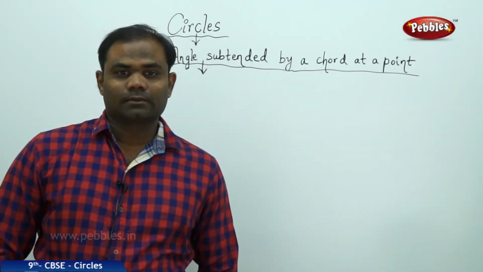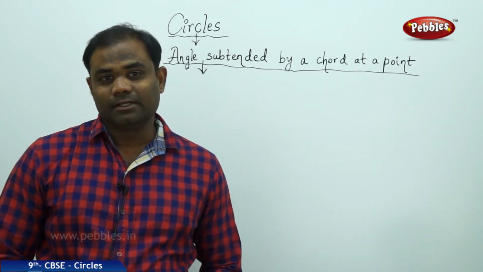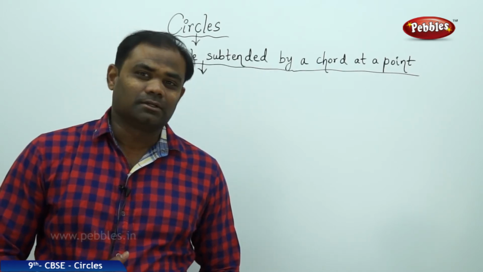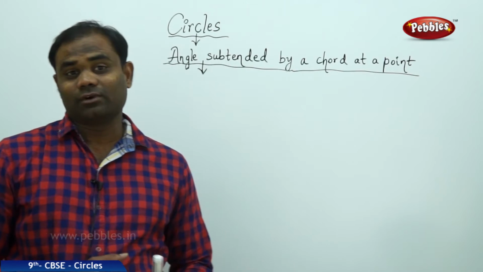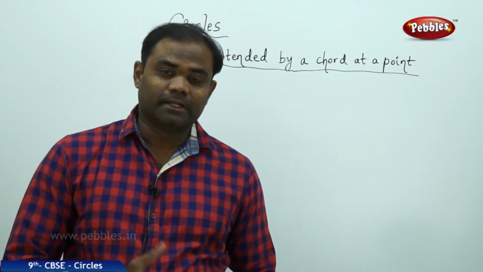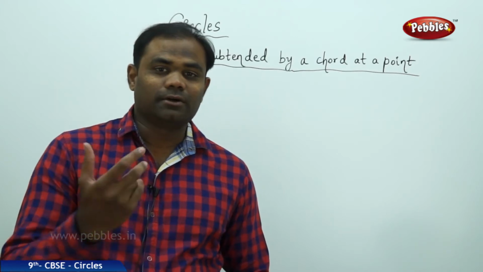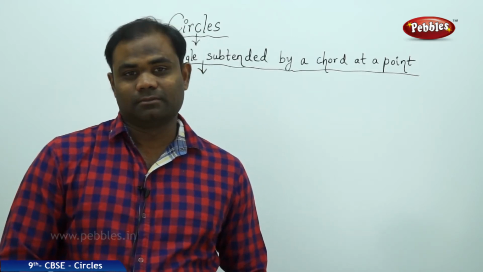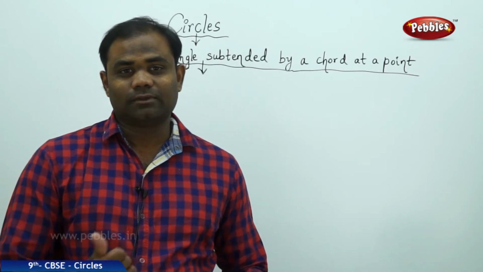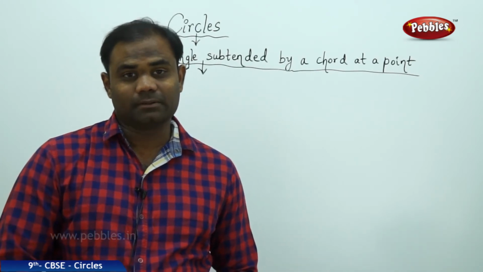Now that we have seen the angle subtended by a chord at a point, let's see the relation between the length of the chord and its respective angle subtended at the circle, center, or any of its circumference. This session is about finding the relation between length of the chord and angle subtended.